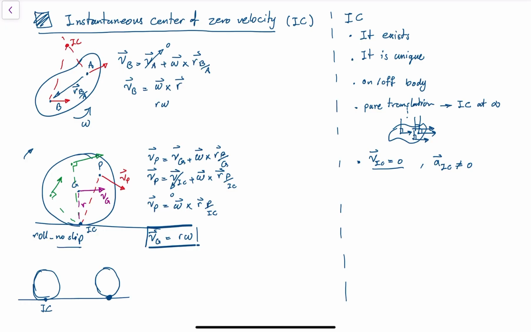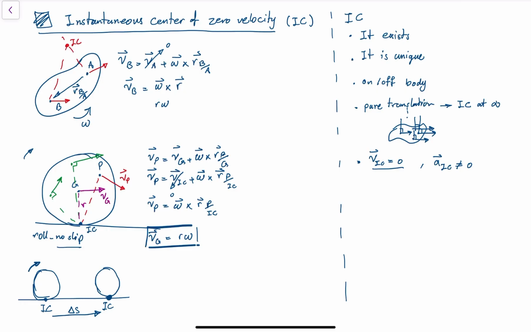And as the wheel rolls forward without slipping, the IC goes here. So it has displaced some amount. Now answer this. If the velocity of a point is 0, how does it move? IC by definition has 0 velocity, but here it moves.